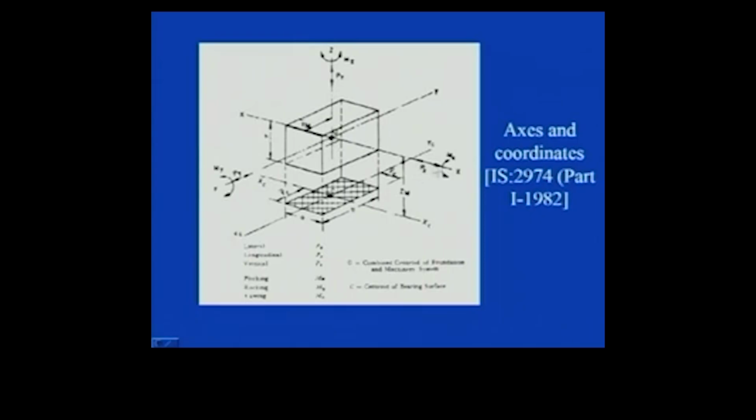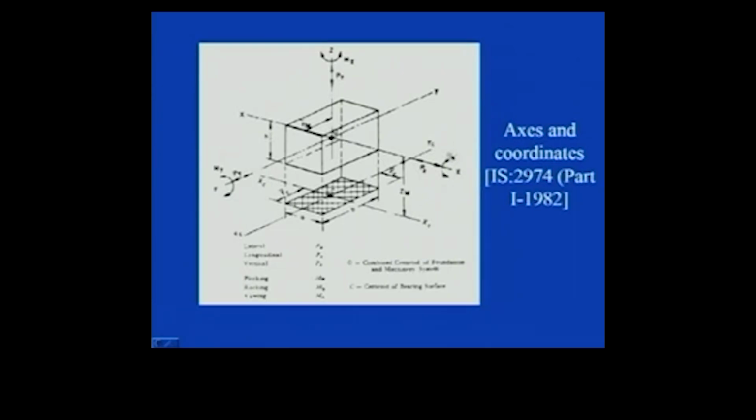Any translation along the x axis is lateral translation, along the y axis, which is py, it is longitudinal, and along the vertical axis it is pz. Then rotation about the x axis, you can see from this arced arrow, that is mx, a moment applied along the x axis.